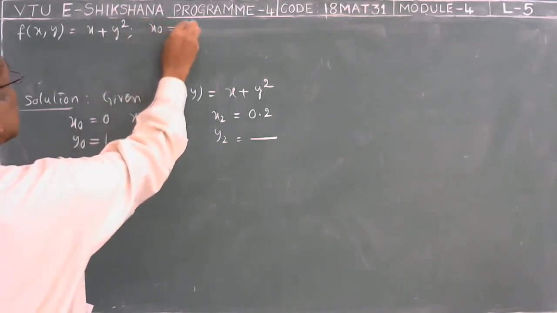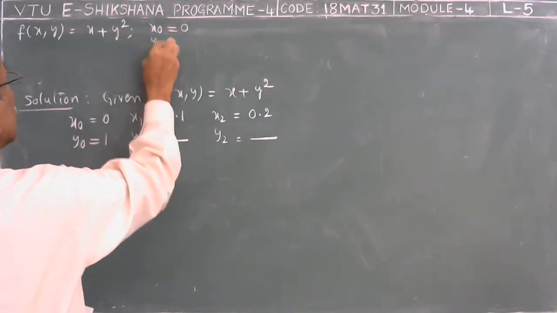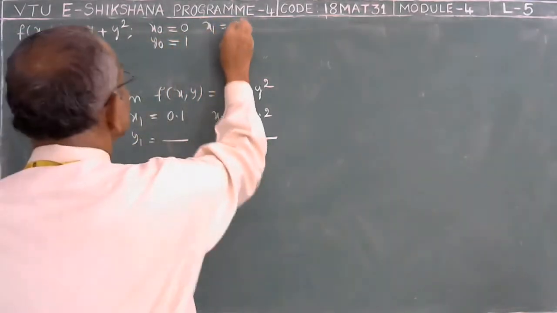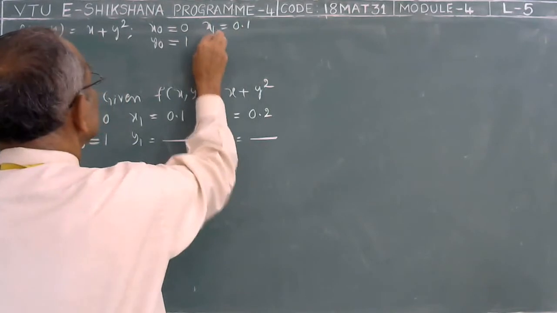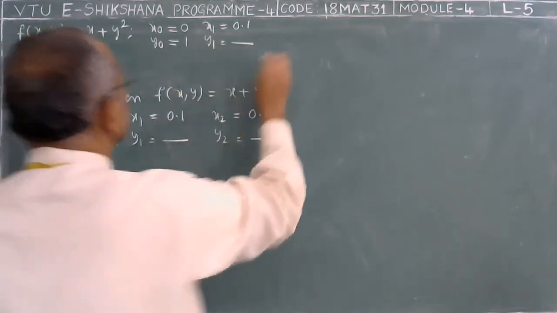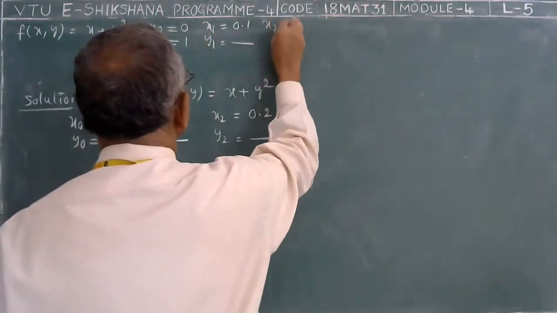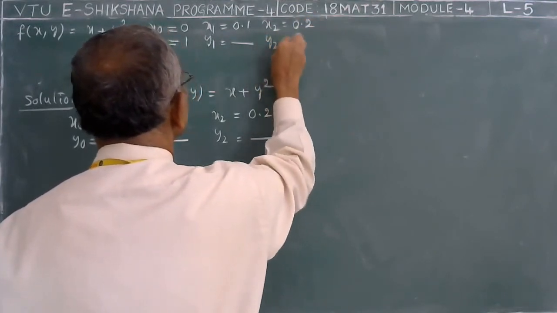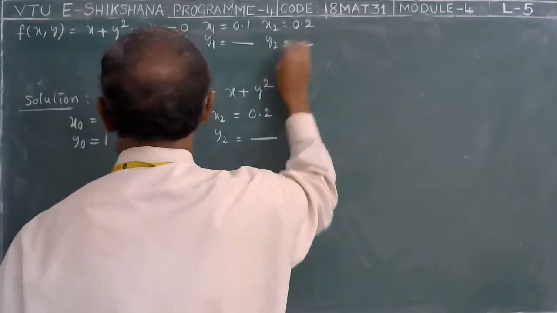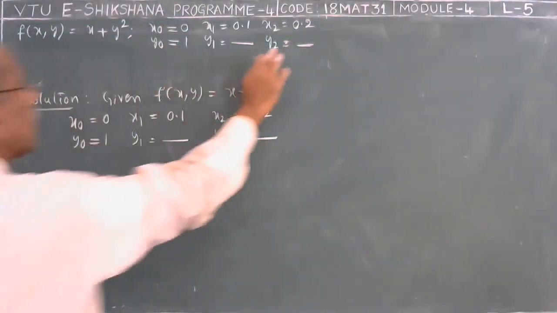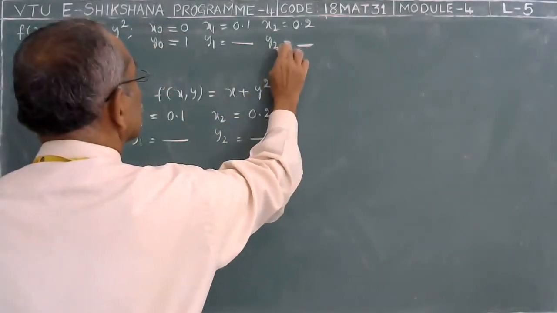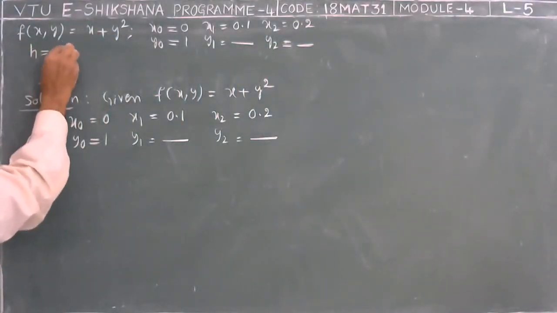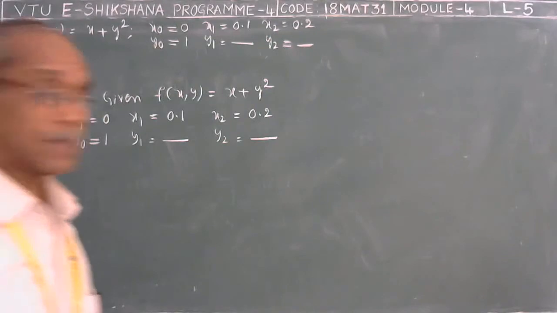Your x naught is 0, y naught is 1, x1 is 0.1, corresponding value of y1 we have to find. Then x2 is 0.1 plus 0.1, 0.2, so y2 we need to find. And h is given to be 0.1.